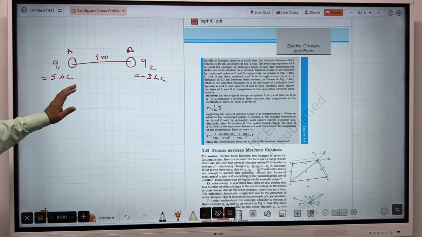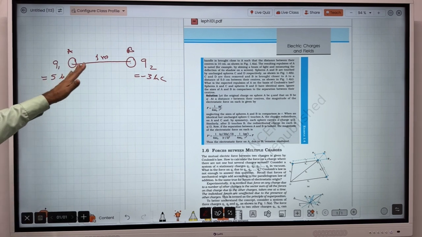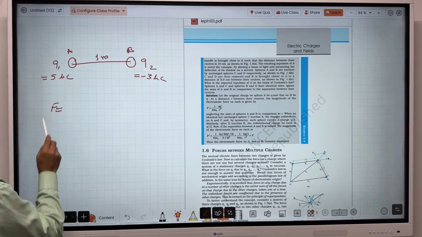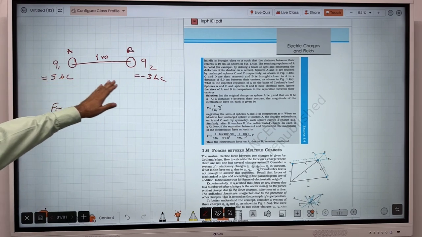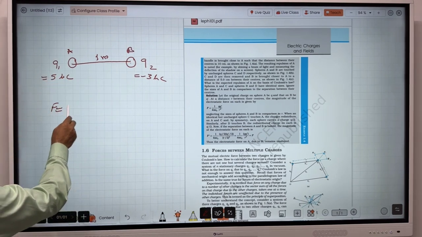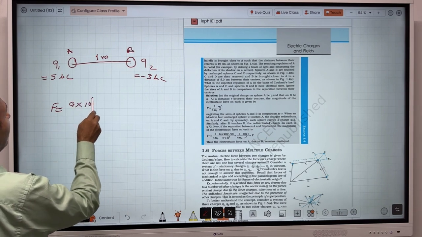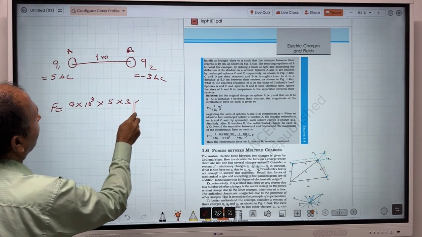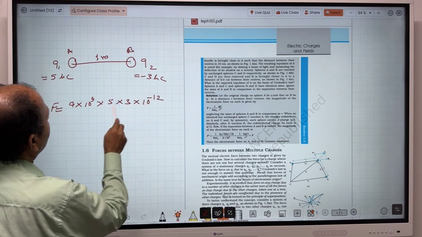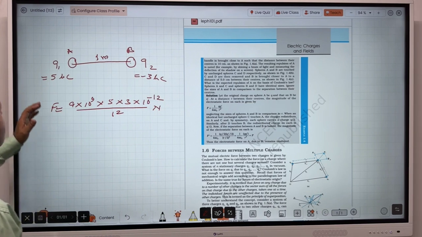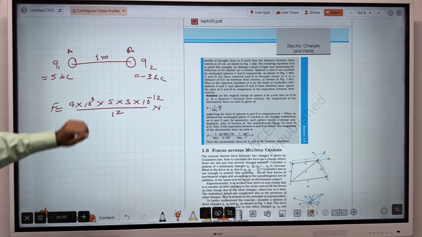If we find the force between these two charges, what will it be? Will it be attractive or repulsive? This is positive, this is negative, so there will be an attractive force. So 9 into 10 to the power 9 into Q1 Q2, that is 5 into 3 into 10 to the power minus 12, divided by 1 square Newton. So this is the force that exists between these two charged bodies.